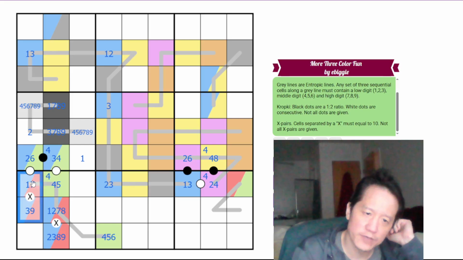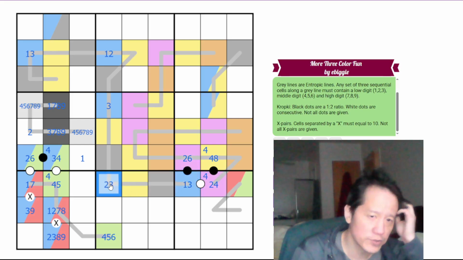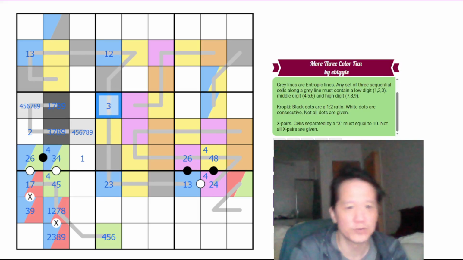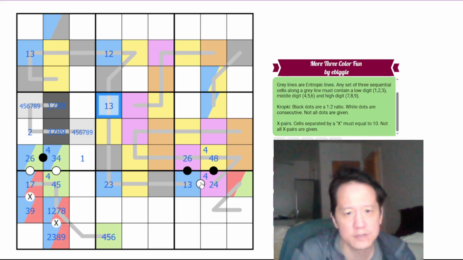This would be 3, 7, 4, 2, 1, 2. This would be 3. This would be 1 and 3, so this would be 2. Therefore, this would be 1, if that's the case.